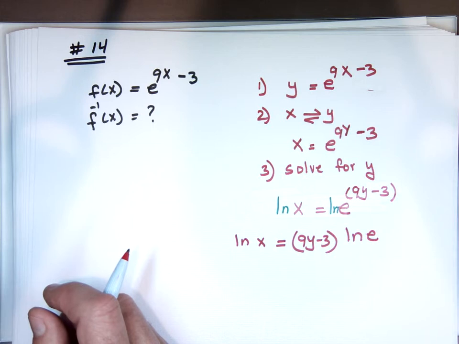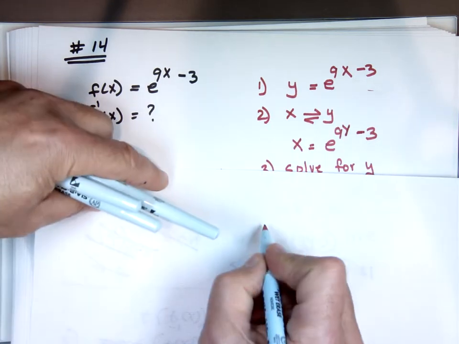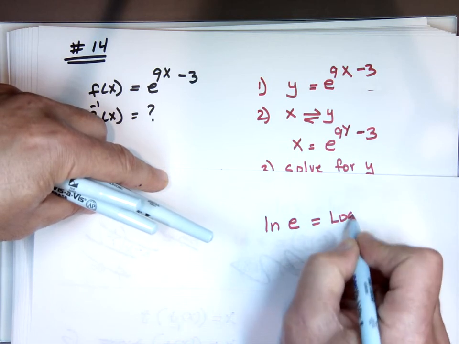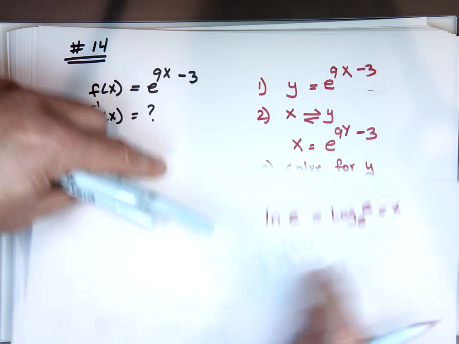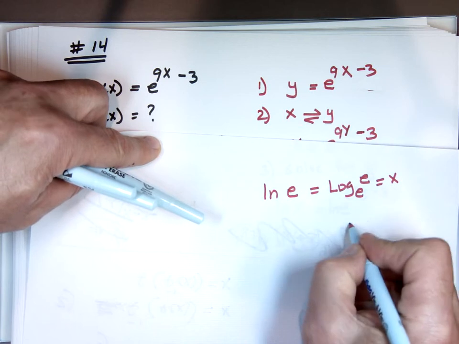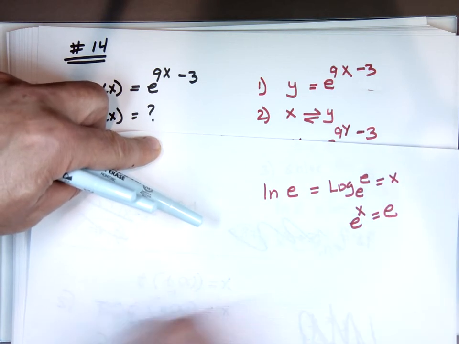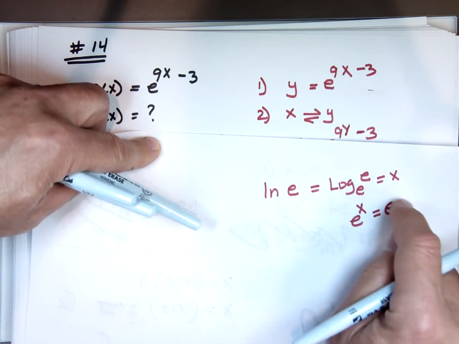Why? If you remember, the ln of e means log base e of e. And if you call that x, going from log to exponential, it says to what power do we need to raise e so the answer will equal e? The only way that will work is if x equals 1.